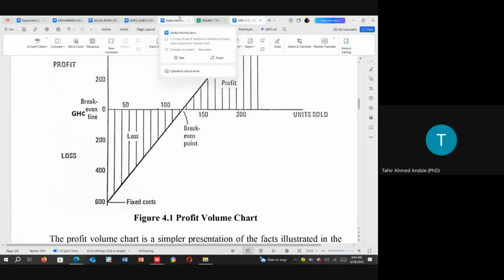And then 100,000 is 10 million. And then 120,000 is 12 million. Good. All right. Write revenue on that.